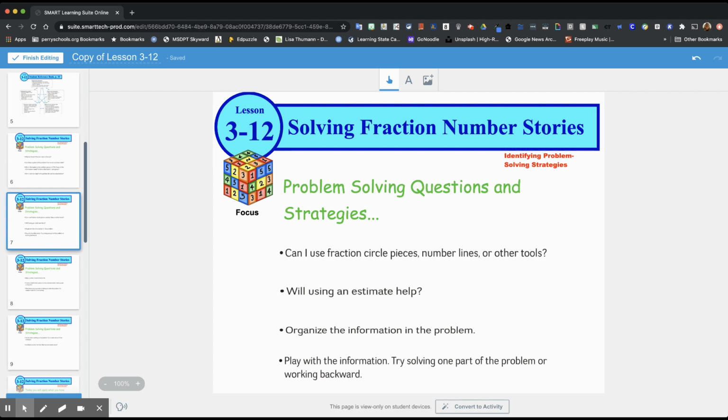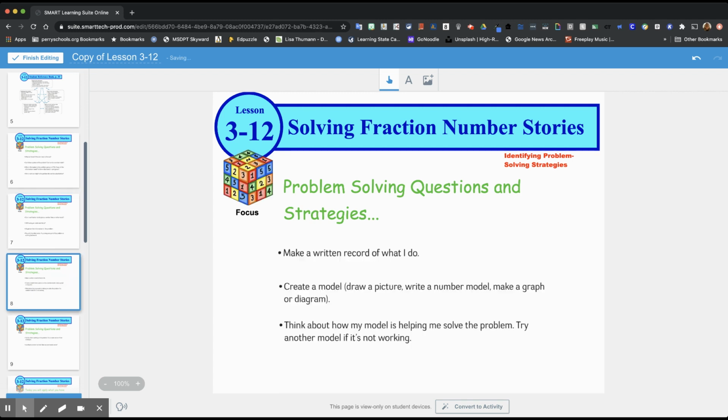Play around with the information. Okay, this isn't a question. This is the organizing in this one. These are strategies. Try solving one part first and then moving backwards. You can make a written record. So I know that we have talked about this in room 31 when talking about cubes.